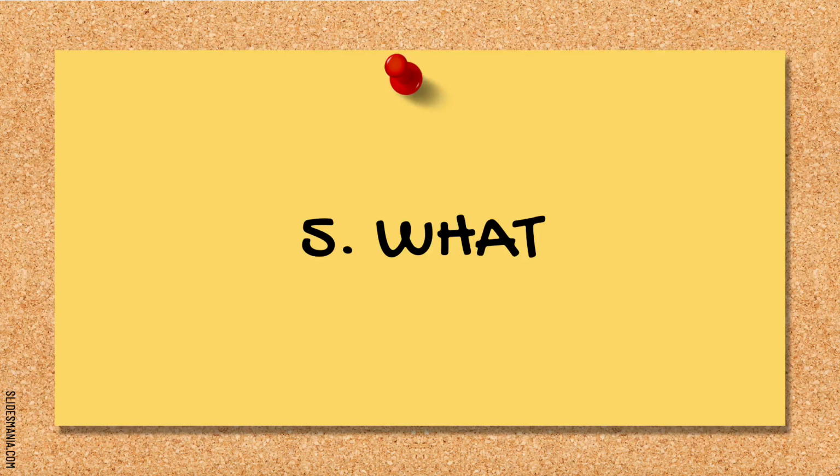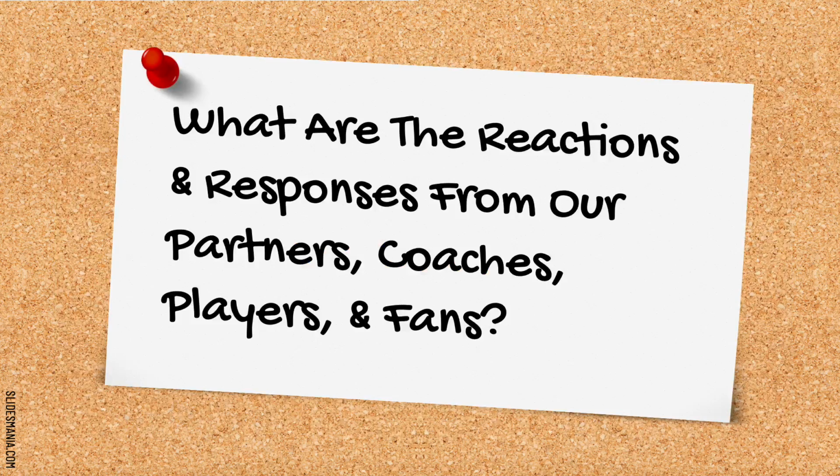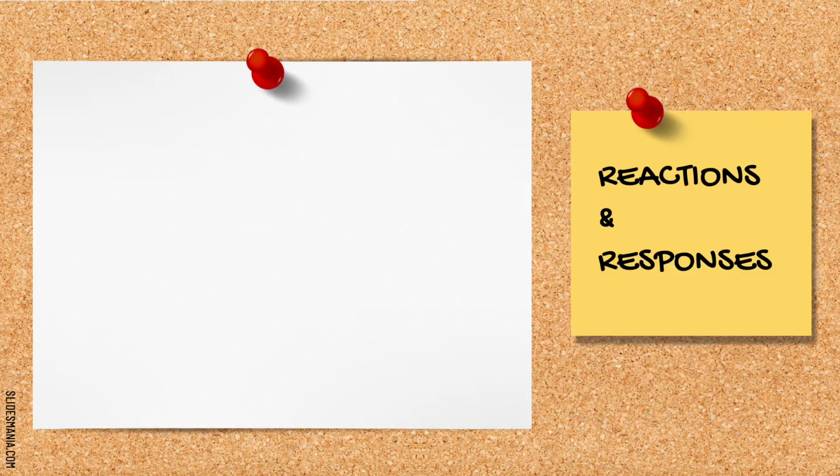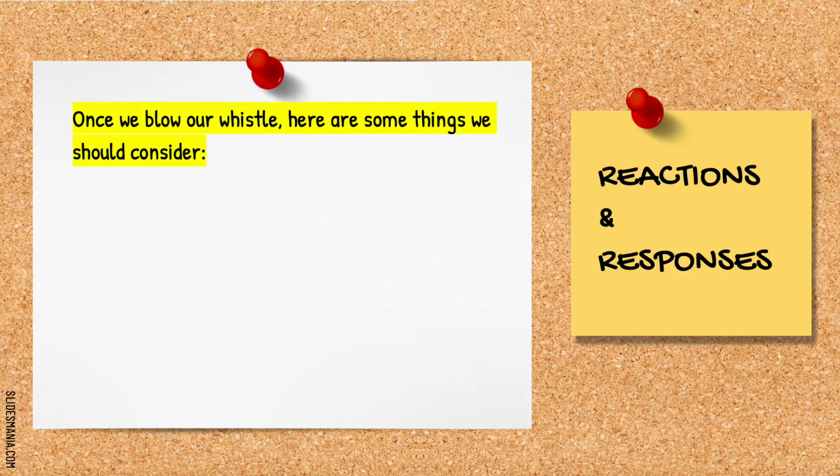Chapter 5. What are the reactions and responses from our partners, coaches, players, and fans? Once we blow our whistle, here are some things we should consider. Are we moving when we blow our whistle?